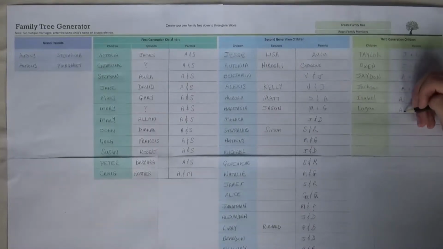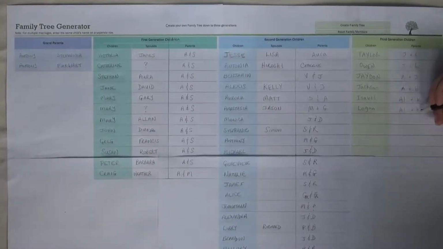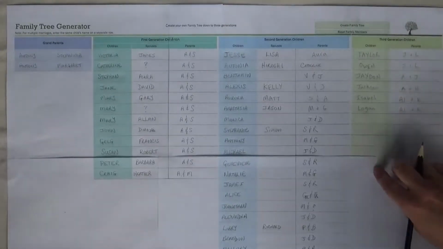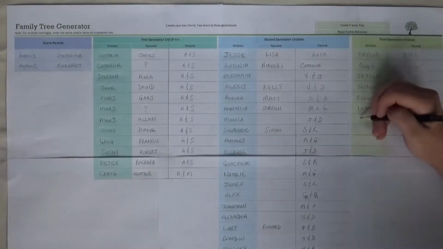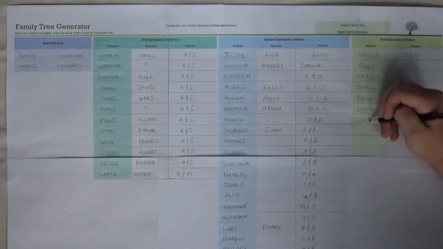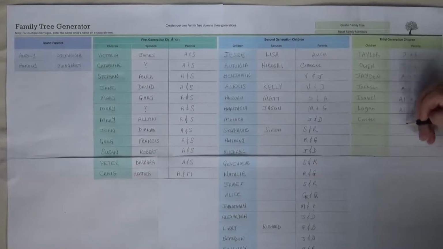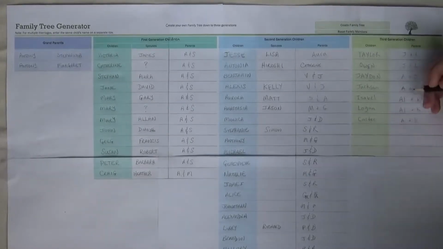I'm going to put A-L for Alexis and Kelly. And then there's Carter. We'd love to see them more, but, you know, distance. So Carter is Antonia and Hiroshi's second child. I should probably put an A-N for Antonia.